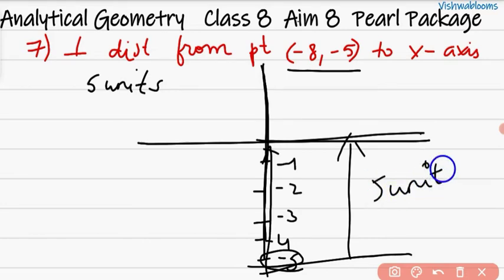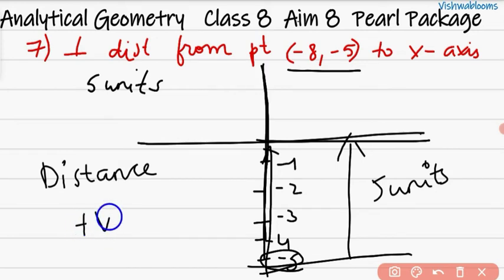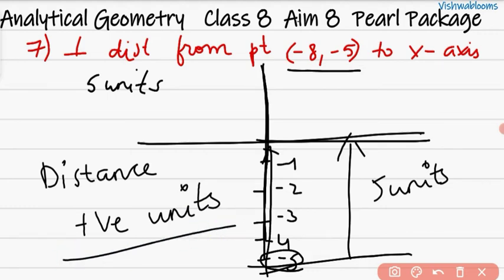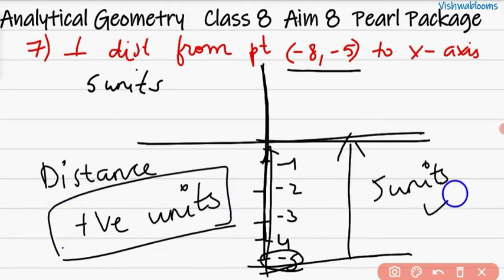But always remember, distance, as you all know, according to physics also, is always measured in positive units only. Only displacement is measured in negative. Leave that aside. But distance is always in positive units. You can't say I went minus 60 kilometers there. You have to say only 60 kilometers, right? That's why you will say 5 units.